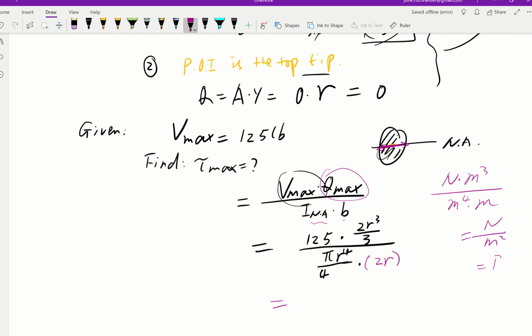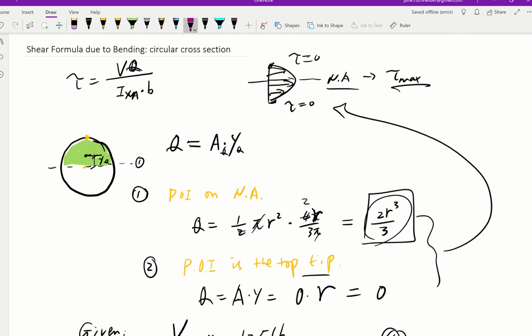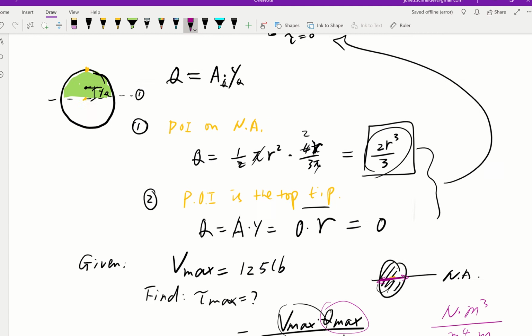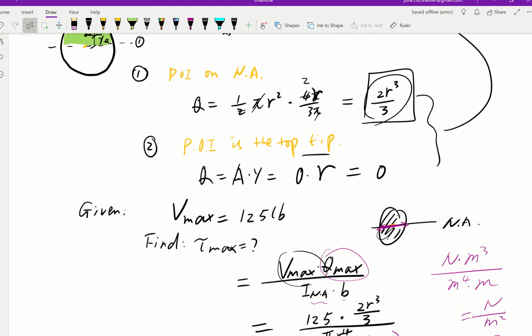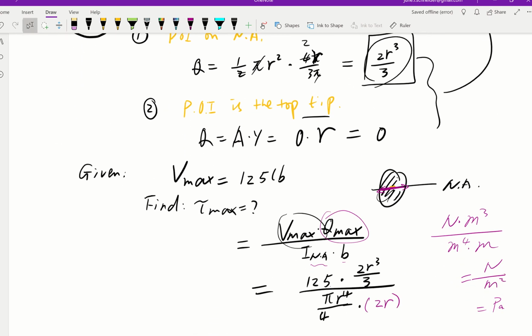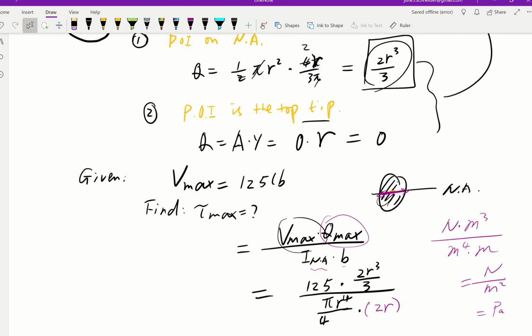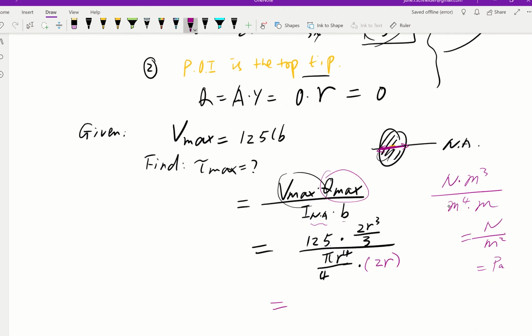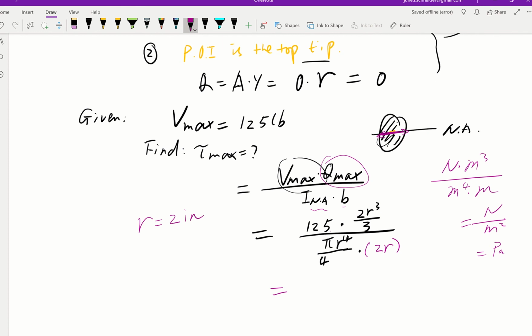That's your Pascal. In this situation, if everything is given in pounds, and R is given as 2 inches, then our number will be in pounds per square inch. I will leave you to finish this problem if you are curious to find the answer. That's going to be the maximum shear for this one.